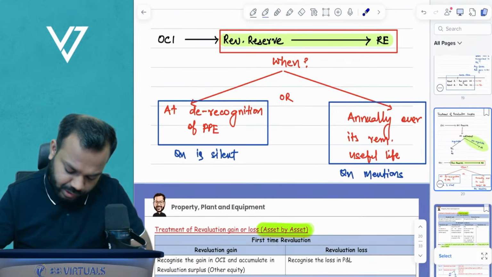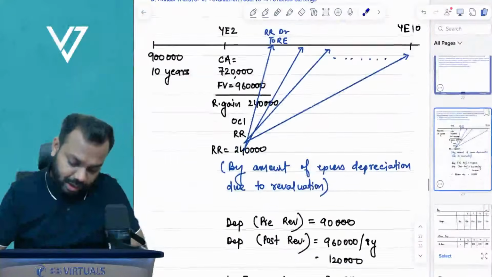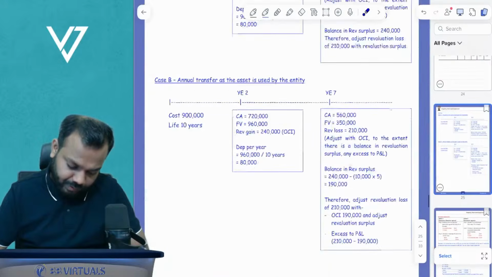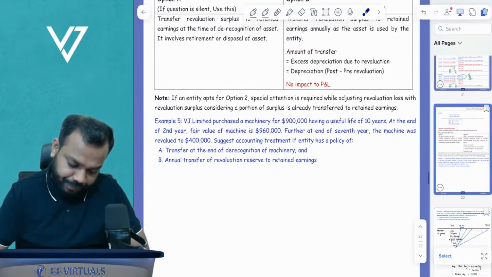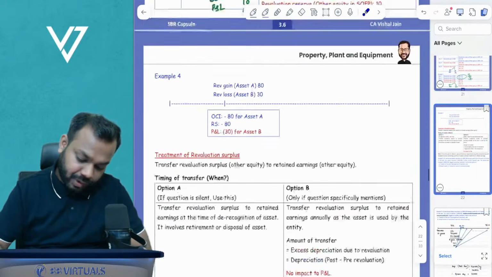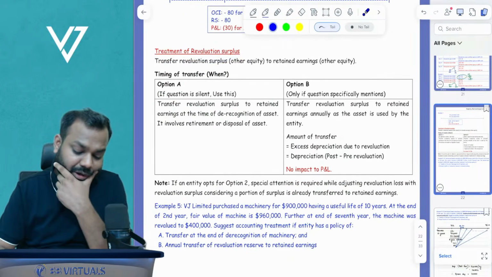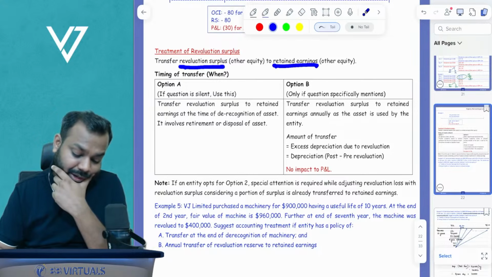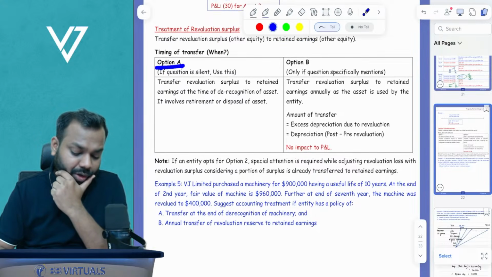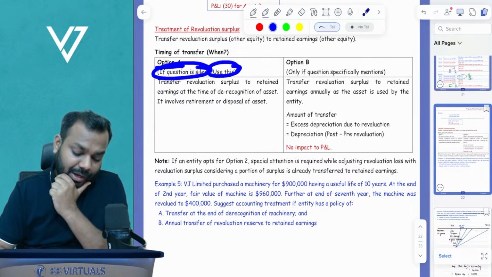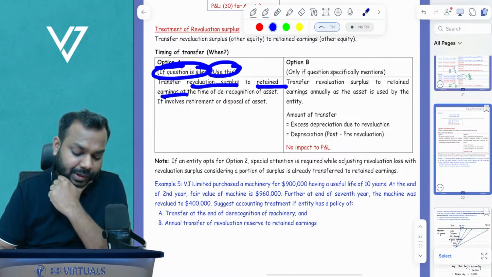Okay, so this is the concept of revaluation reserve. See here: transfer of revaluation reserve, treatment of revaluation surplus. Option A, when the question is silent, use this: transfer revaluation reserve to retained earnings at the time of derecognition of the asset, which involves retirement or disposal.